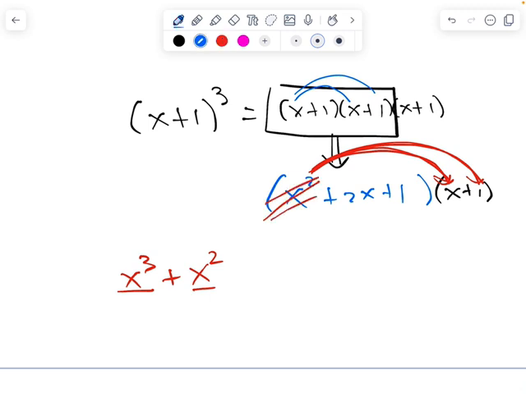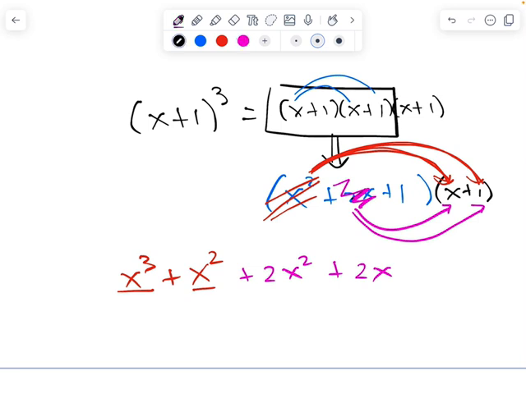We're going to now use this 2x. So 2x times x is going to be 2x squared. And now it's going to hit this, and it's going to be 2x. We've used that guy up.